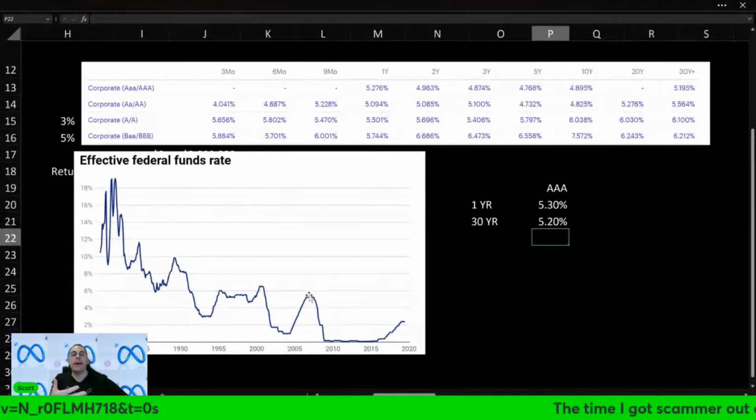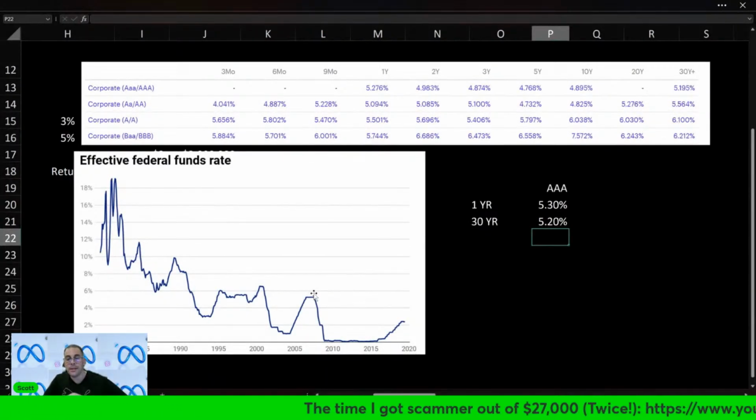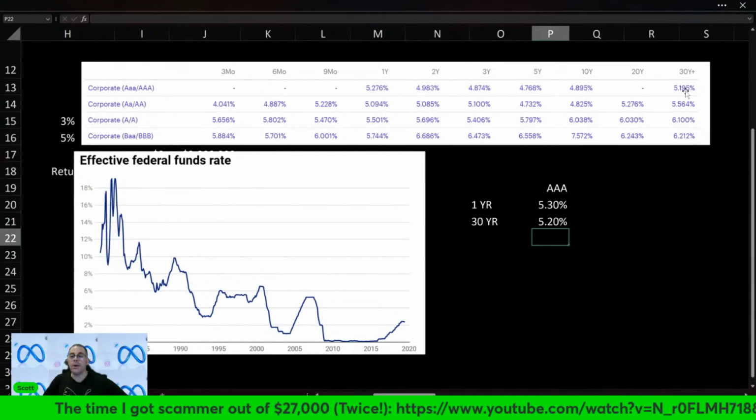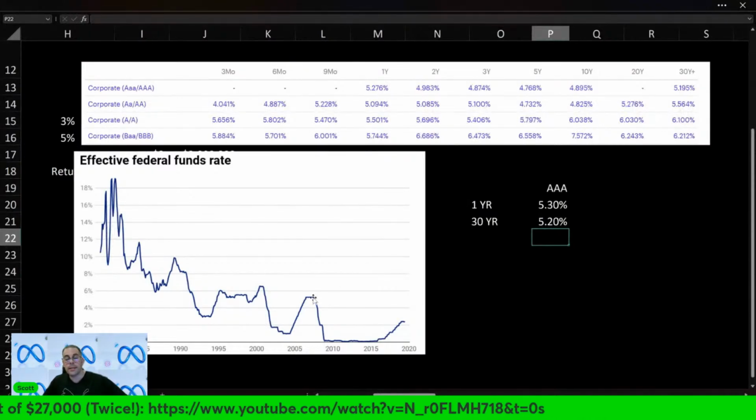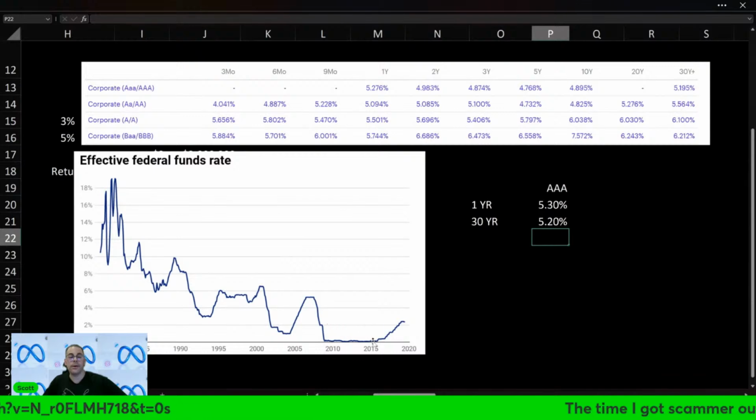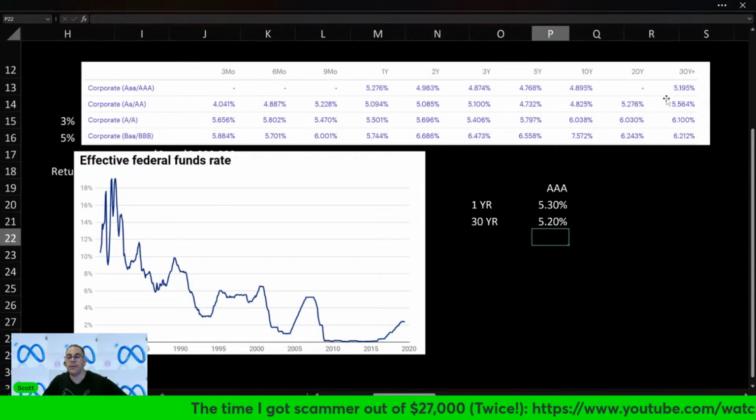So if the bank offers you a 30-year guaranteed fixed 5.2%, the reason they're not offering 6%, which is what they should offer, is because if rates come back down to even like 2%, they don't have to go to 0, the banks could lose a lot of money because they have to pay you the 5.2%, even though rates are so low.